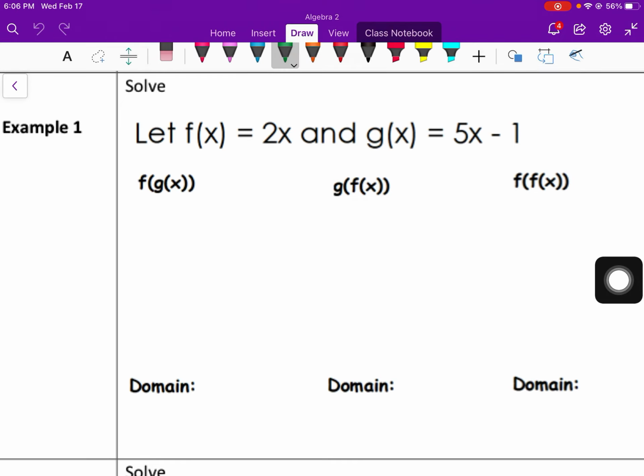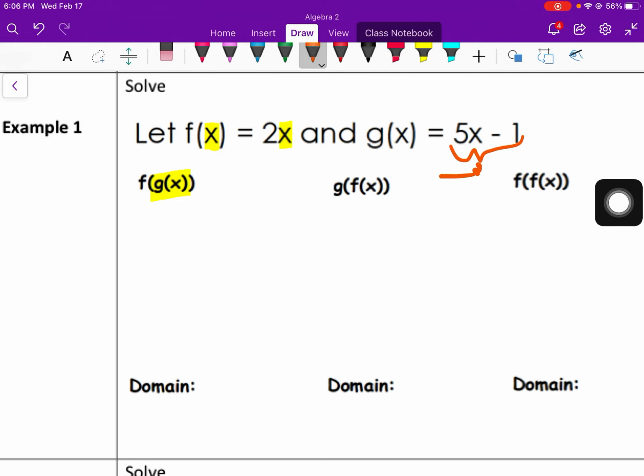So when it asks us to take the composition of f of g of x, we have to plug in g of x where x goes in our function. So g of x is this entire function here. So we must plug that in for our x value.